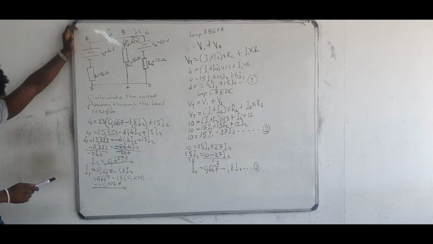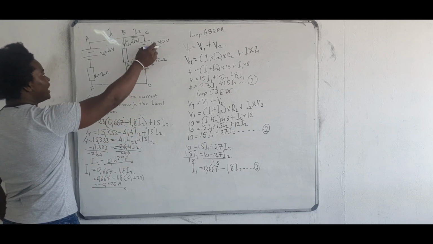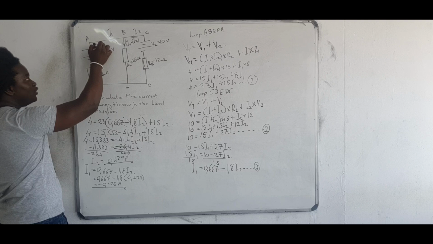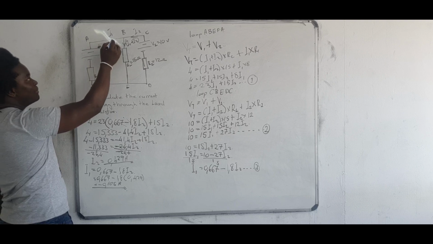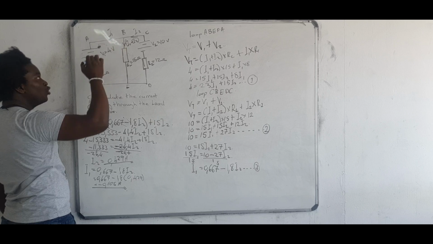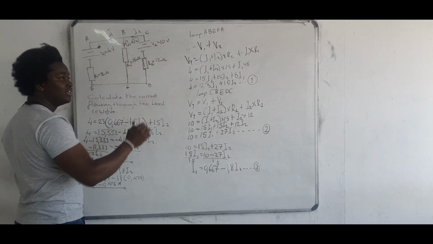The supply voltages are not equal. That is correct. One is bigger than the other. So our V2 is very big to the point where it is now charging V1, right? So that means the direction of our I1 here is actually wrong. It's supposed to go in this direction. That means our V1 is being charged by V2.